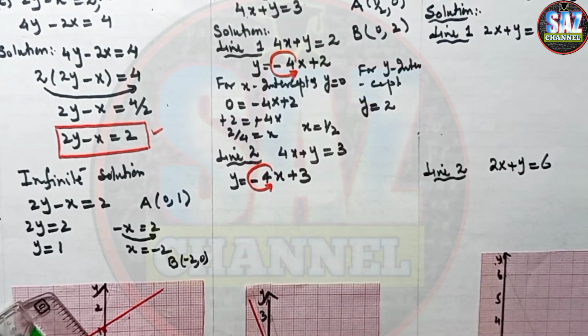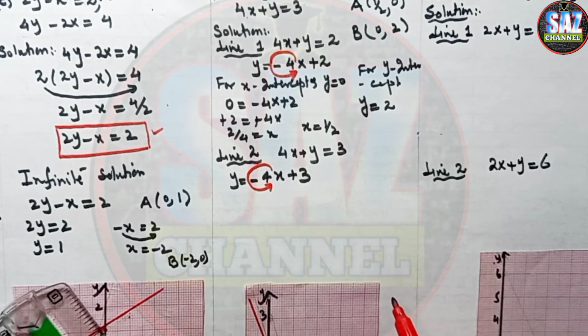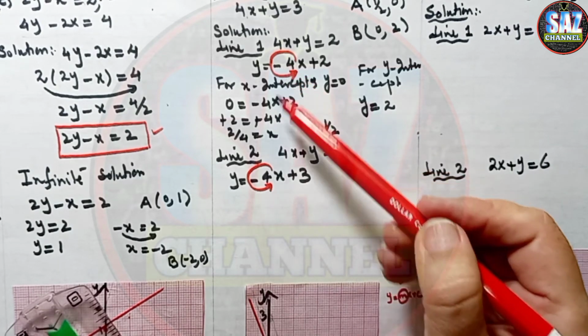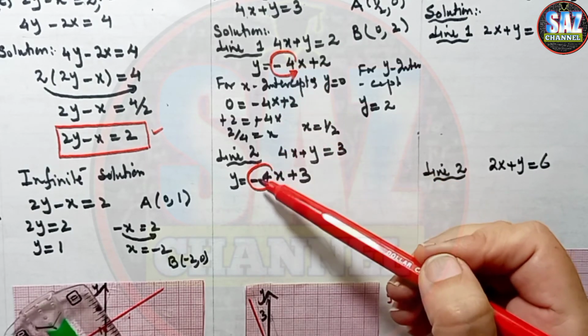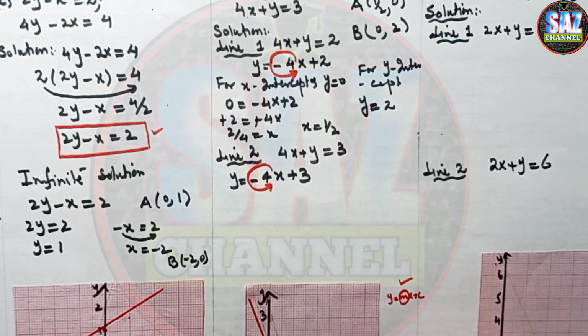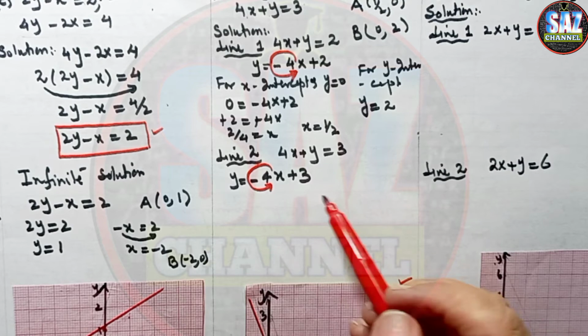We know that in a non-vertical line, y equals mx plus c, the coefficient of x is the gradient, and the gradient of both the lines is the same. When the gradient of both the lines is the same, the lines are parallel, and parallel lines will not cut each other at any point. So in this case, no solution will be obtained. But let's see it practically.